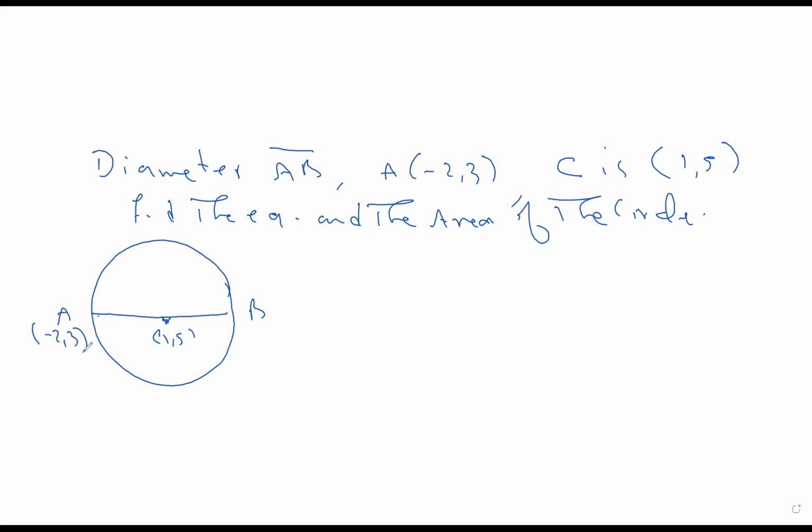Okay? First, we have to find what is B. We will use the midpoint rule. We have already the midpoint, and we need the end point, one of the ends. We have one end and the center, and we need the other end, which is B. So how can we find B?